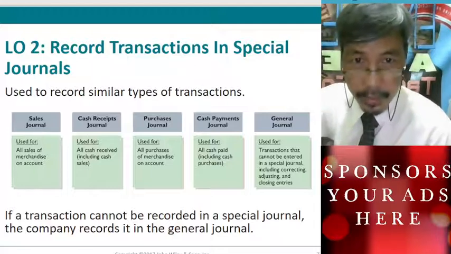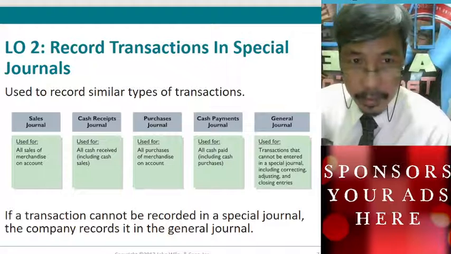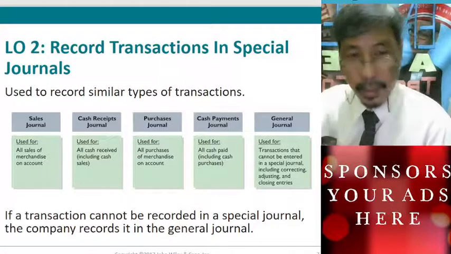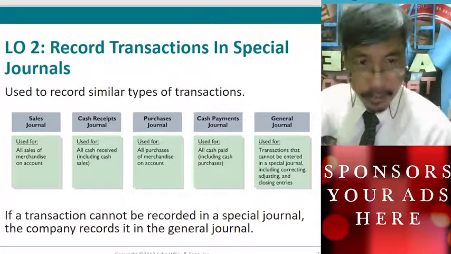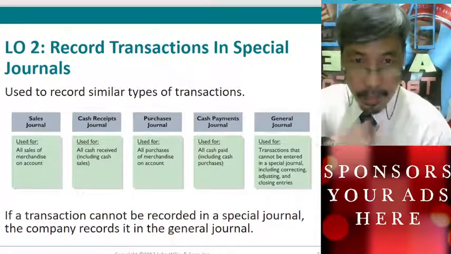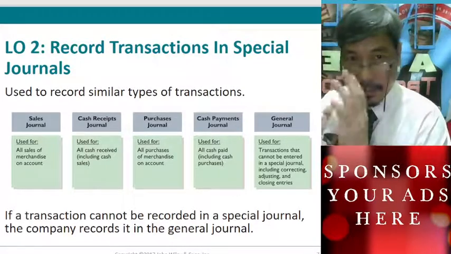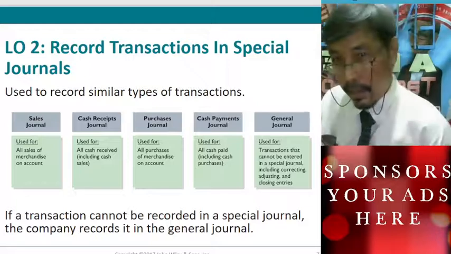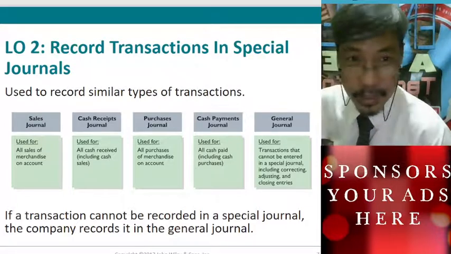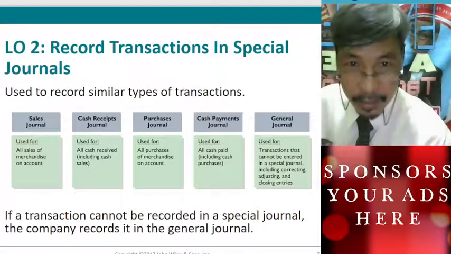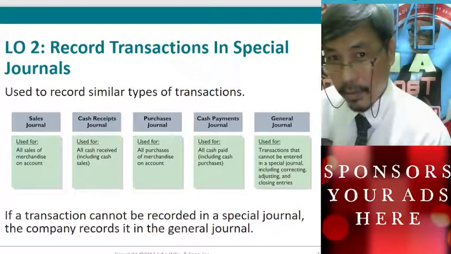Sales journal, cash receipts journal, purchases journal, cash payments journal, general journal. So we still have the general journal. But we can have separate journals, like the sales journal, used for all sales of merchandise on account.